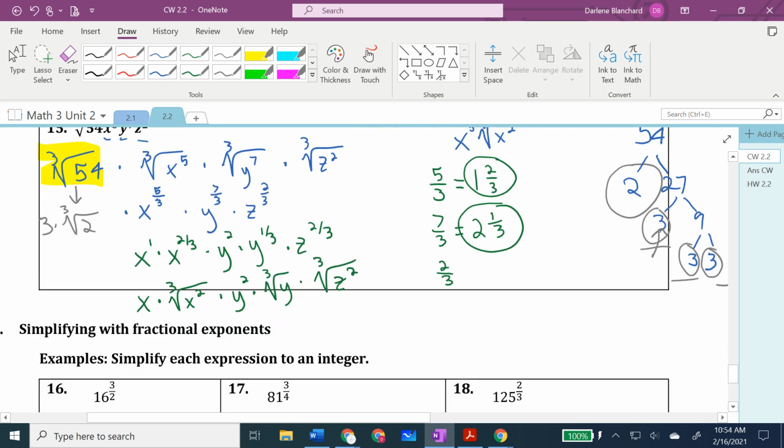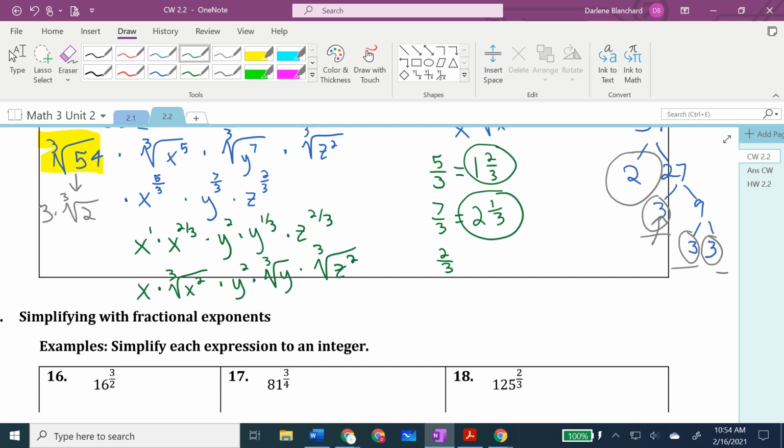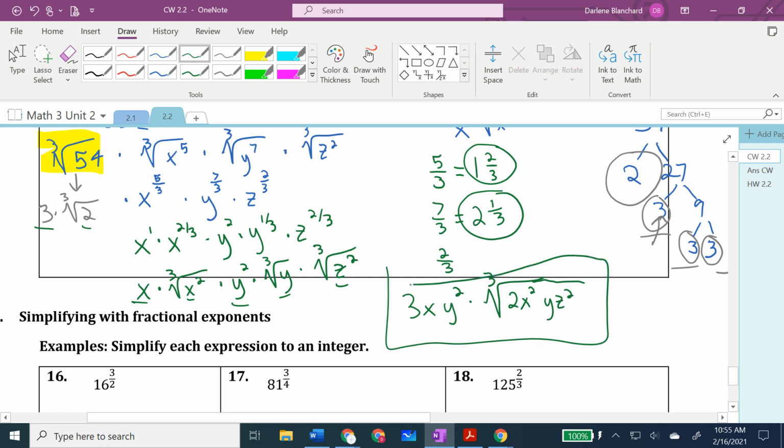Then bringing all of this together, I have 3xy squared times what is stuck under the cube root: a 2, an x squared, a y, and a z squared. And then that would be considered the simplified root form.